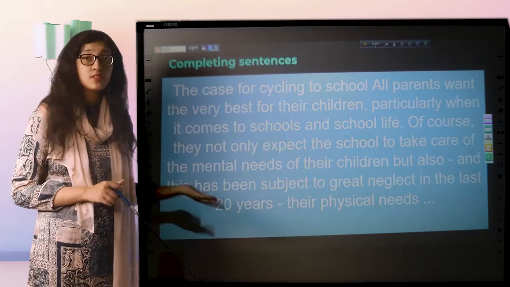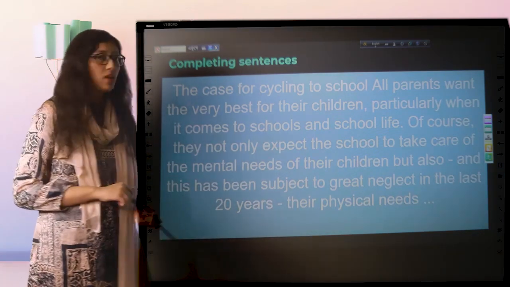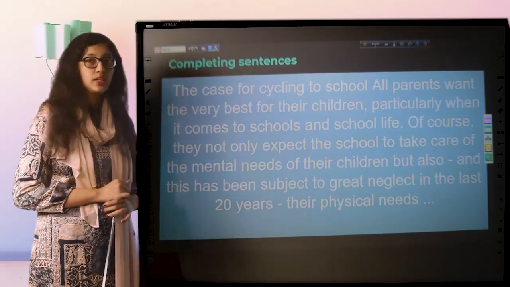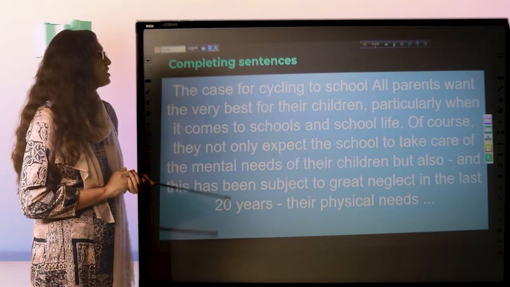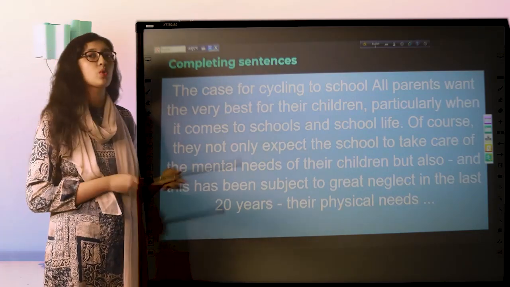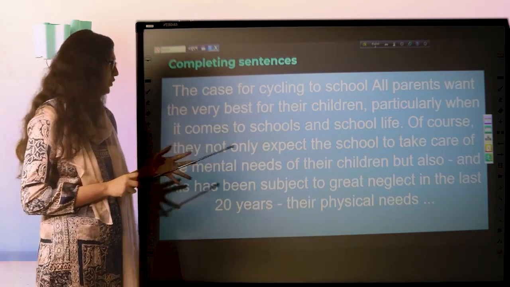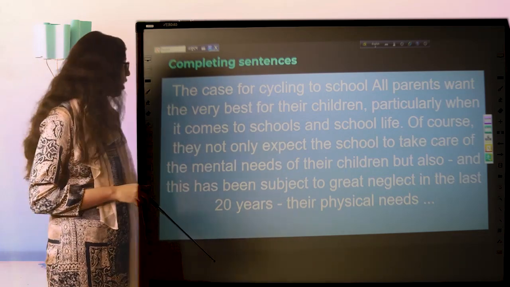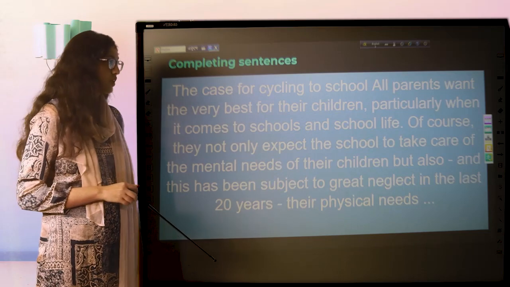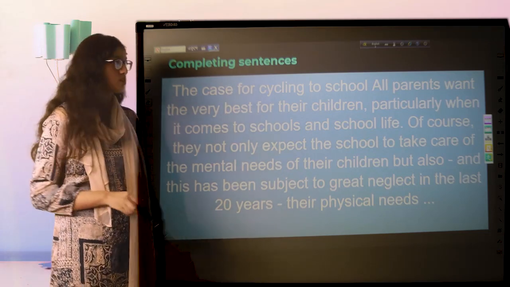So at this point you can pause the video and try it out yourself. So if you're done reading the passage, let's proceed. So our keywords were guilty and needs of children. So here it says that the case of cycling to school, all parents want the very best for their children, particularly when it comes to school and school life.